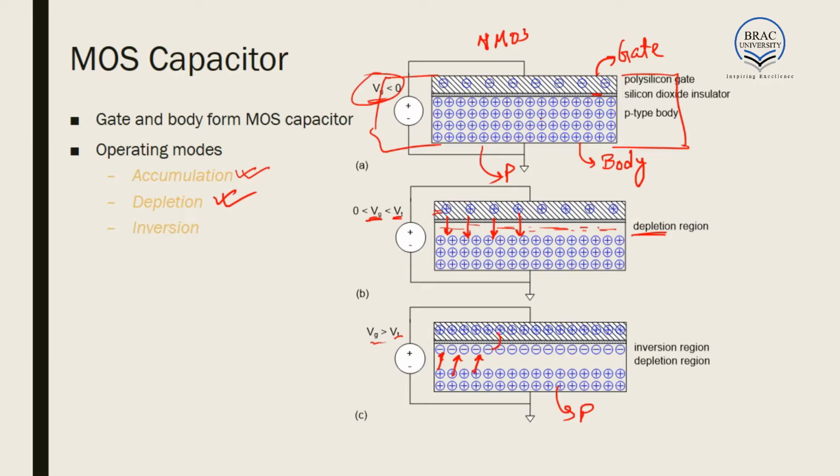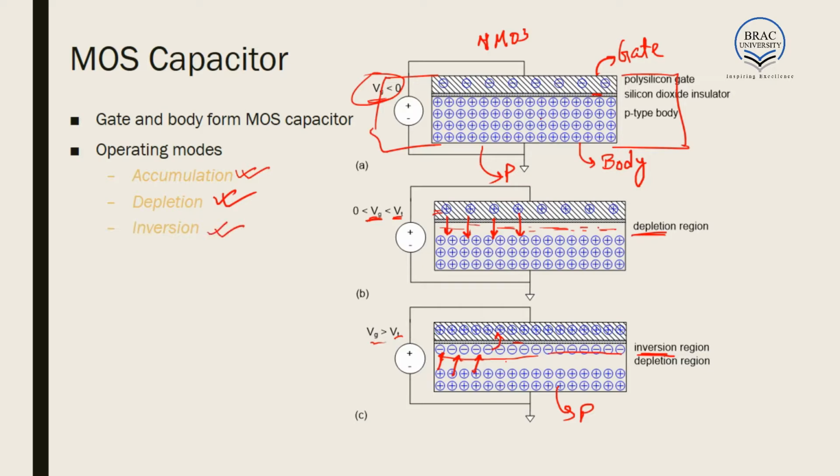But these negative charges cannot cross the insulation layer to reach the positive charges. As a result, a layer of electrons is created in the p-type substrate, a region full of electrons, and we call this phenomenon inversion, and this region of operation is called the inversion region of operation.